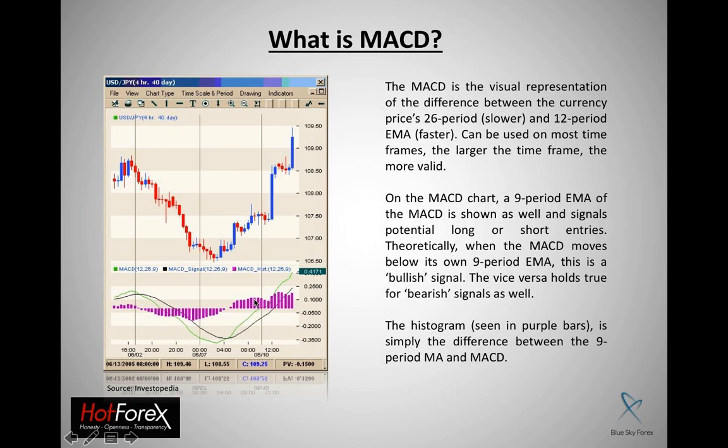All right. These purple bars here are simply the mathematical difference between this green line, which is the MACD, and this black line, which is the 9-period moving average. And what it measures, in commercial terms, is basically the explosiveness or the interest behind the move.